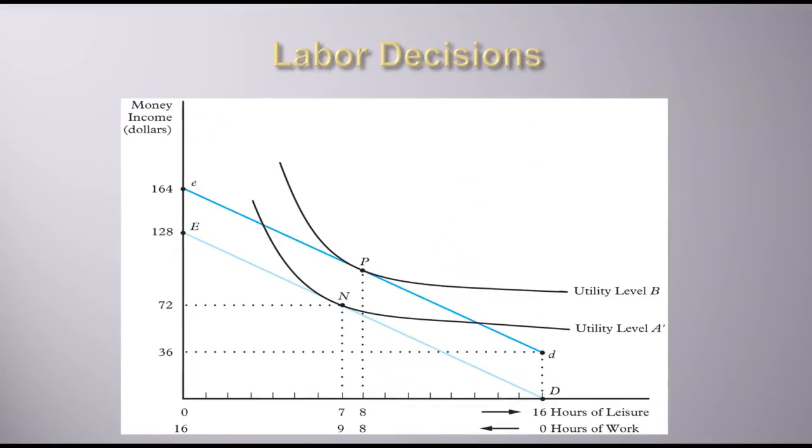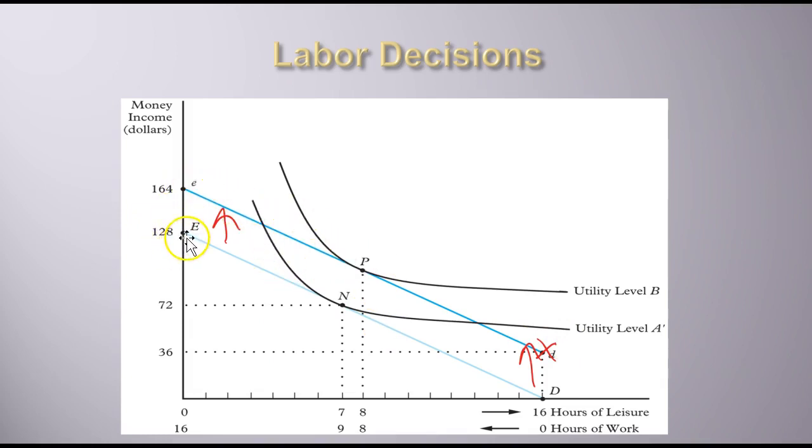It's going to completely shift up by that amount, by that $36. Because if you don't work at all, you're over here, you're going to have 16 hours of leisure and $36. And then every hour you work, you're still going to be making that $8 an hour, because that's what your wage is.